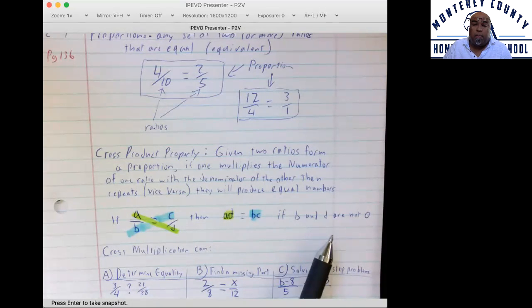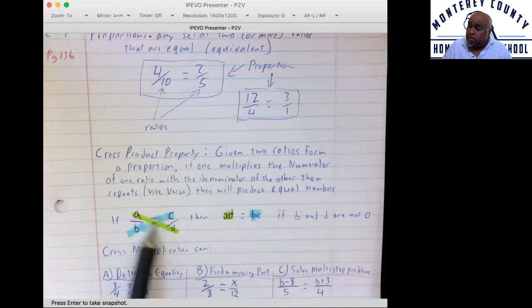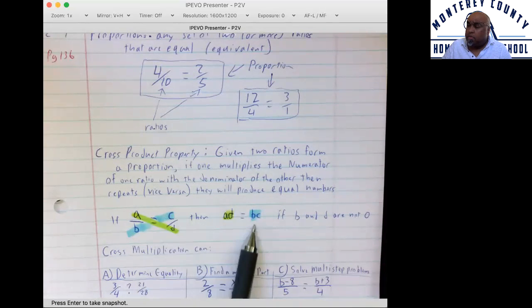Okay? So you can cross multiply by simply multiplying numerator, denominator, denominator and numerator, and then compare them, and the numbers should be equal if it's a proportion.